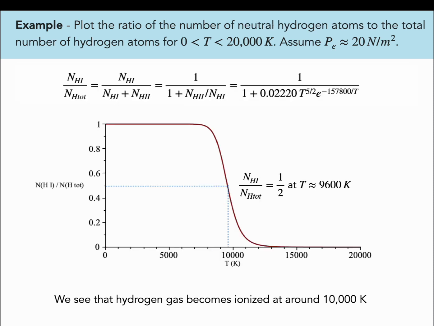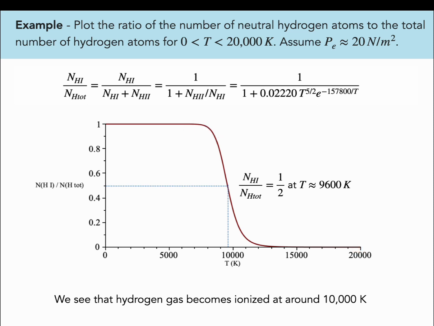Of course, when we were talking about calculating line strengths, we don't actually care about the number of ionized hydrogen. What we want is the number of neutral hydrogen. So this is now the number of neutral hydrogen to the total. And now we find that for less than 7,000, almost all of it is neutral, and over 12,000, it's almost all ionized.